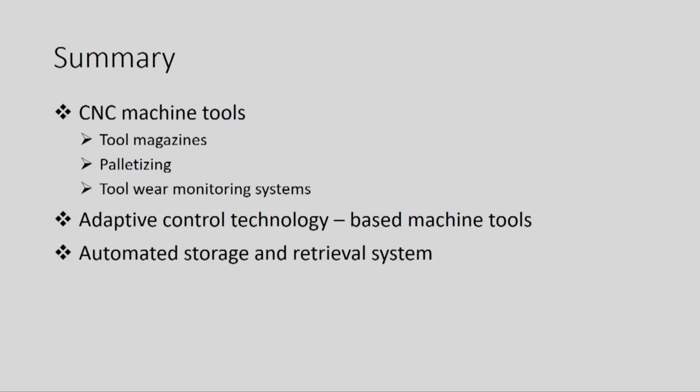Then we studied the automated storage and retrieval system and its usefulness in the advanced manufacturing system. After that, we have seen various industrial conveyors employed in the manufacturing domain. And at last, we have seen the industrial robots and their applications in manufacturing.